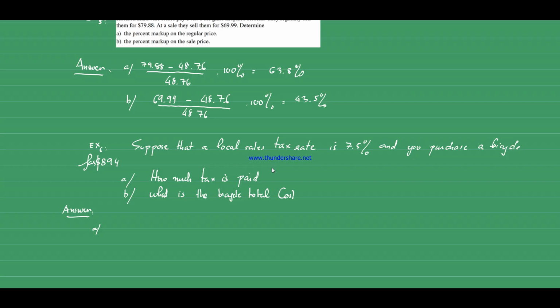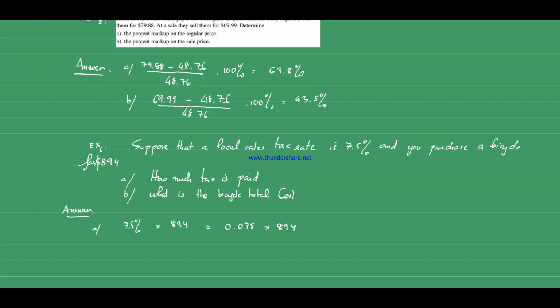So this is 7.5% of 894, 7.5% for this product. So you're gonna take 7.5%. You multiply by that 894. So you know 7.5%, you take 7.5 divided by 100. You put it into the calculator, it gives you this. Then you multiply by 894.